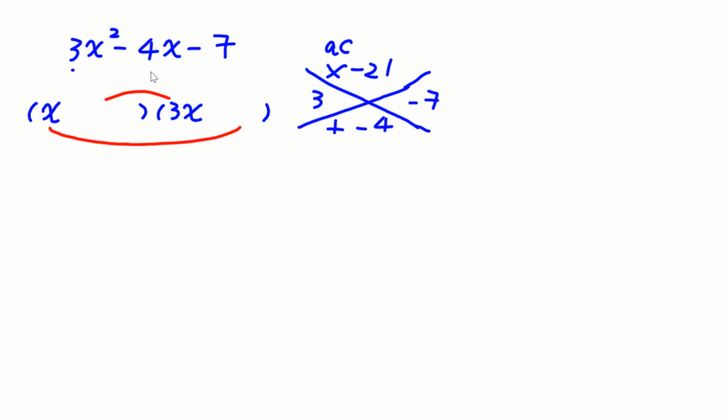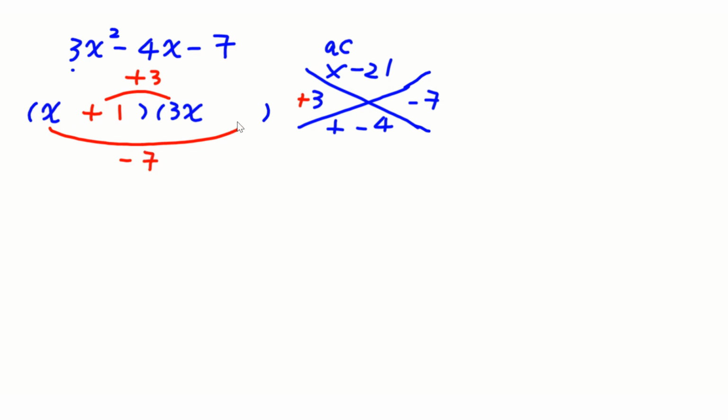If we put negative 7 here, negative 7 divided by 3 is not divisible, so we have to put this 3 here. So these two numbers times together need to be positive 3. So positive 3 divided by 3 give you positive 1. So 1 times 3 give you 3. This cross works. Another cross needs to be equal to negative 7.